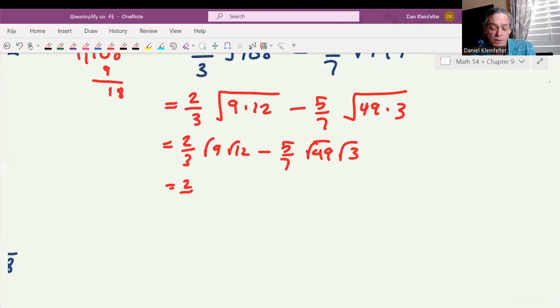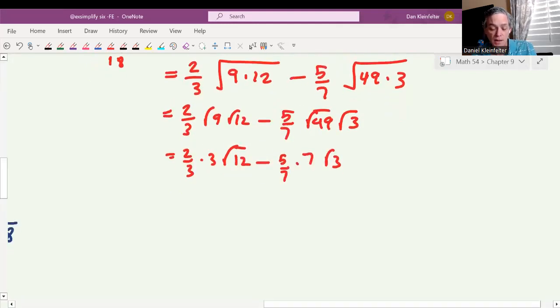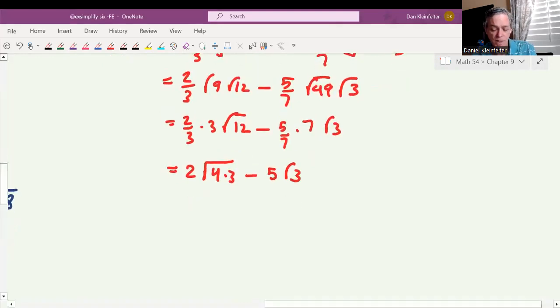Okay, 2/3. Square root of 9 is 3. Square root of 12, I can do something more with that. We'll do it in a minute. 5/7. The square root of 49 is 7. Okay, 2/3 times 3 is 2. The square root of 12, we're going to simplify that. That will be 4 times 3. Our 5/7 times 7 is 5, and then that's still multiplied by that root 3.